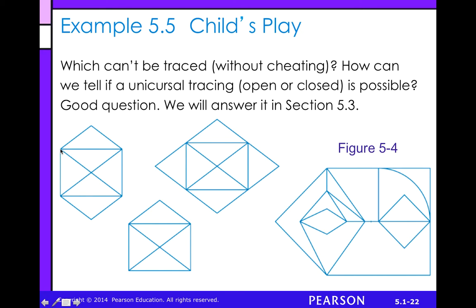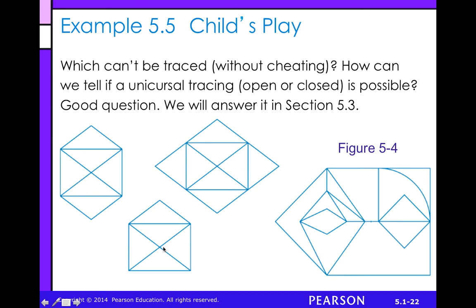So this one here, can we do it? Let's try. So got those three. And then, man, can we? So like this. I think I did that without cheating. Okay, you'll have to check me out on that path I did with my mouse. But anyway, so this one we can.